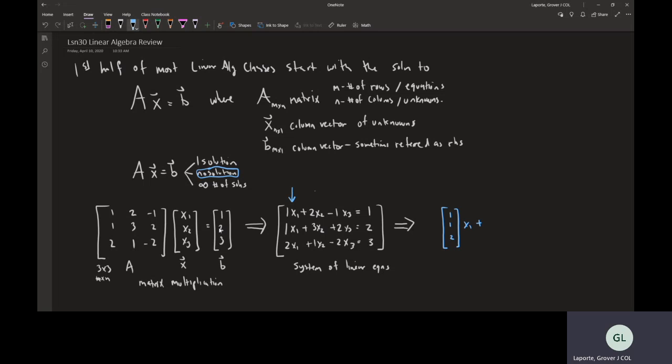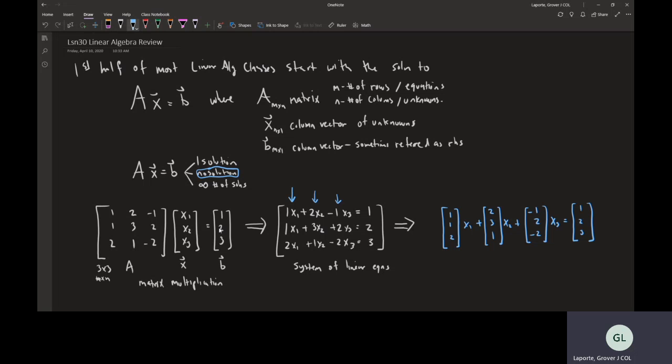And then we look at this column, so I have 2, 3, and 1 times x2, and then plus this last one, so negative 1, 2, and negative 2 times x3, and that is going to be equal to the vector 1, 2, 3.